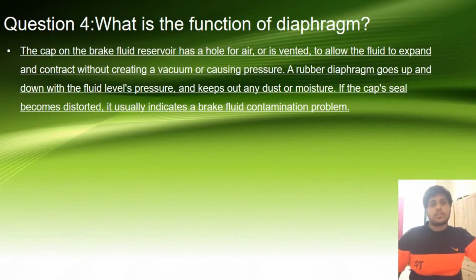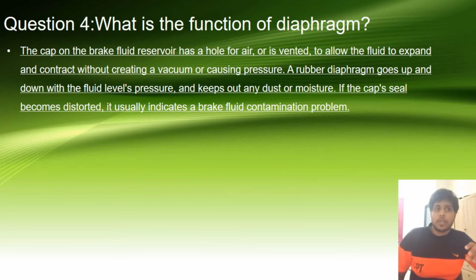Okay, the last question is, what is the function of the diaphragm? The cap on the brake fluid reservoir has a small hole for air to vent, to allow the fluid to expand and contract without creating a vacuum or causing pressure.